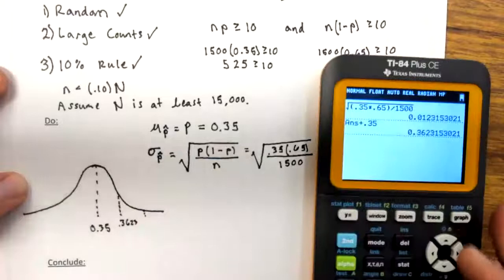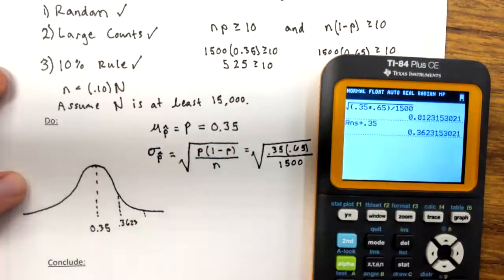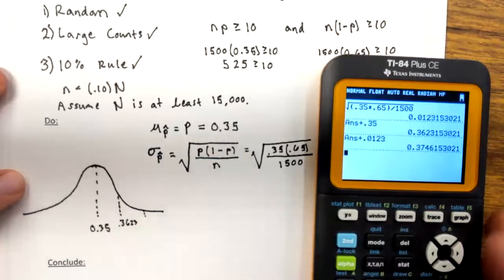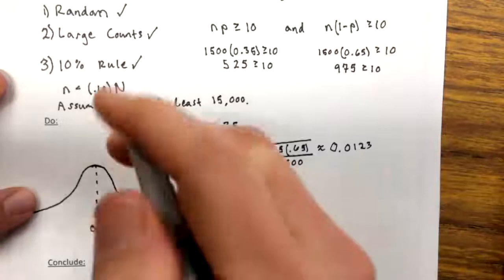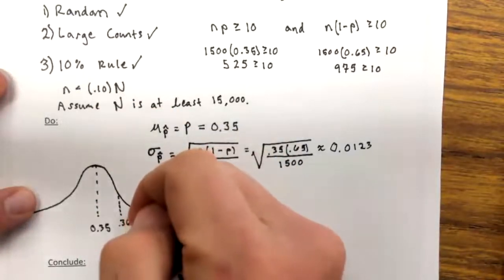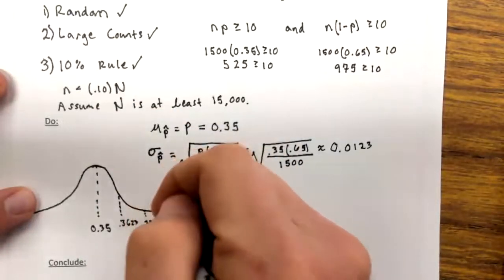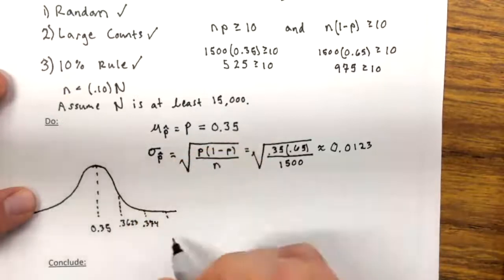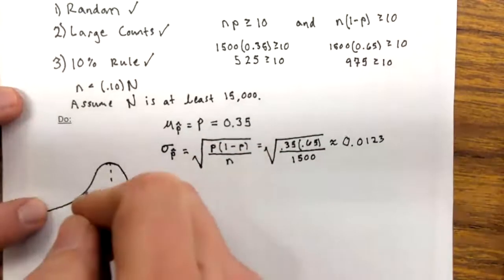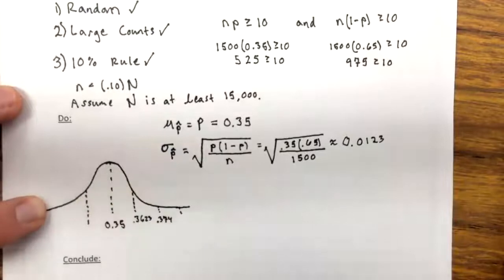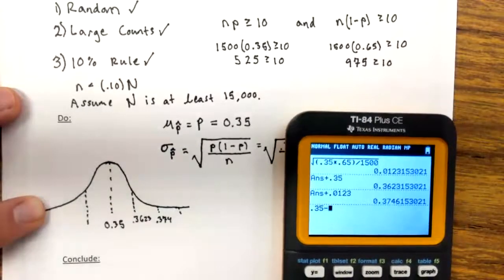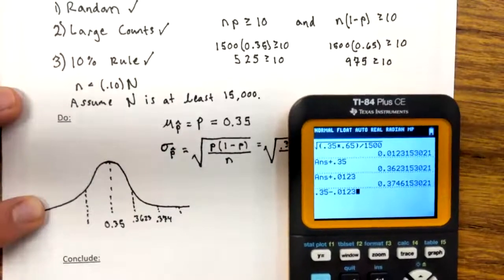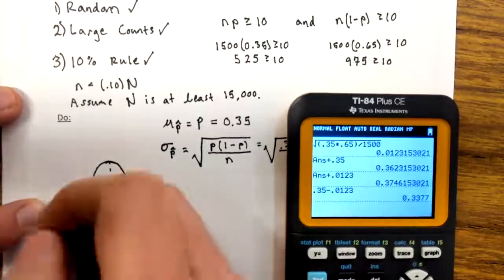Two standard deviations away would be 0.3746. And this would be our third deviation away over here. You can find it if you want to, but it's not really going to matter for our problem. But let's subtract a couple times. 0.35 minus 0.0123, 0.3377, okay.